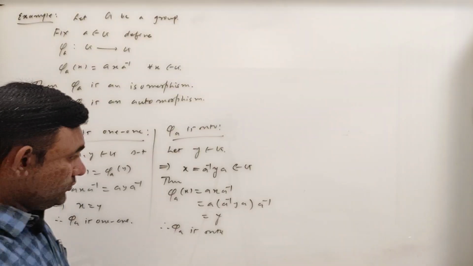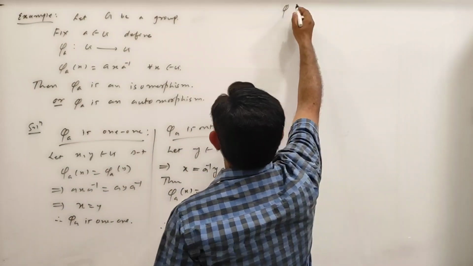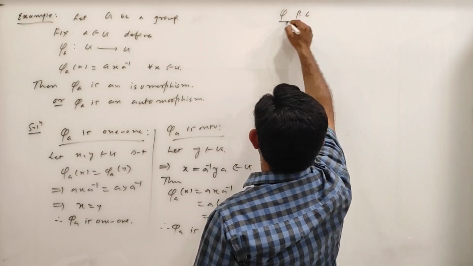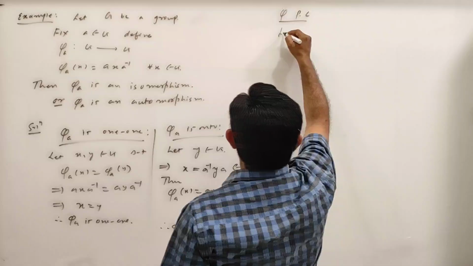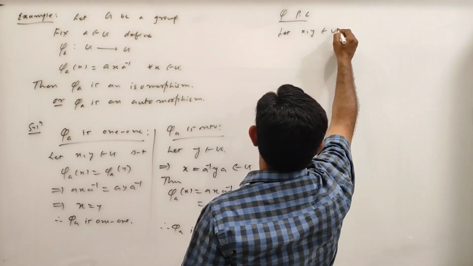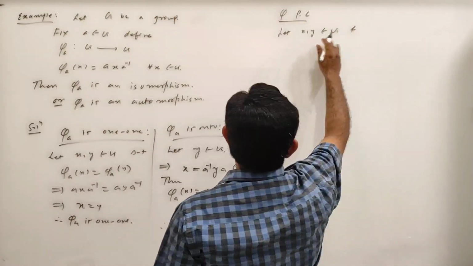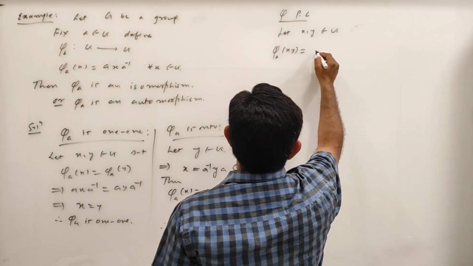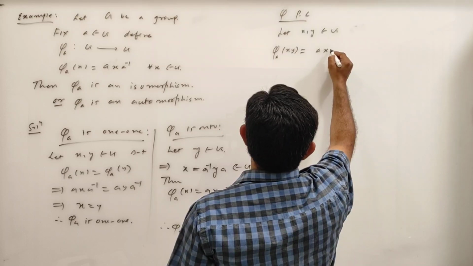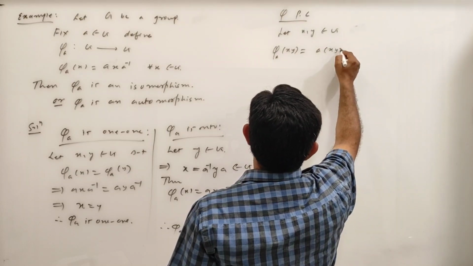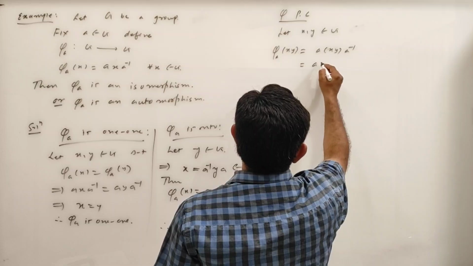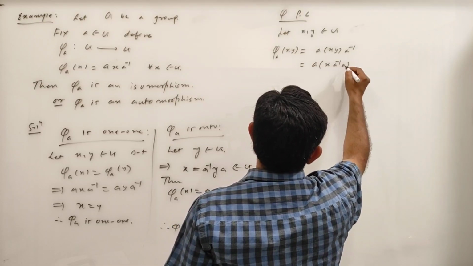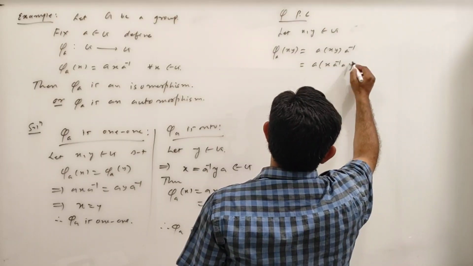Now phi preserves composition. So let x, y belong to G, and you look at phi A at x y. So it is A x y A inverse, but it is what? A x, and here I can write A inverse A, then y A inverse.